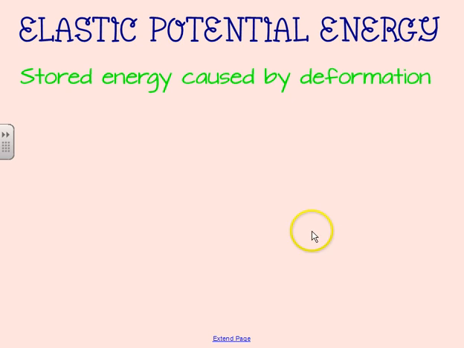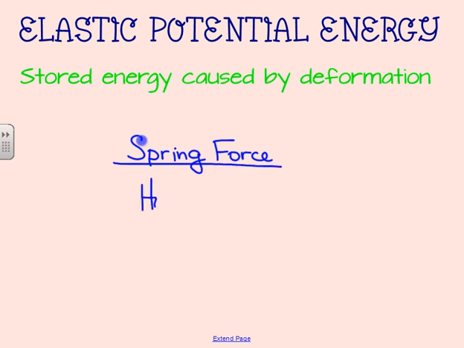To be able to understand about this type of potential energy, we first need to understand some things about springs. The first thing we're going to learn about springs is something called the spring force. This is the force that a spring exerts on an object that's attached to a spring. To calculate the spring force, we use something called Hooke's law, named after a famous physicist named, I believe, Robert Hooke.